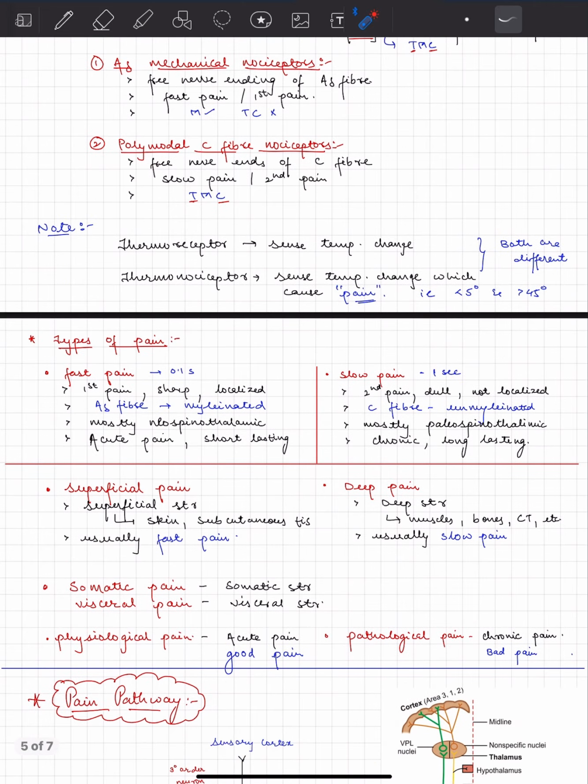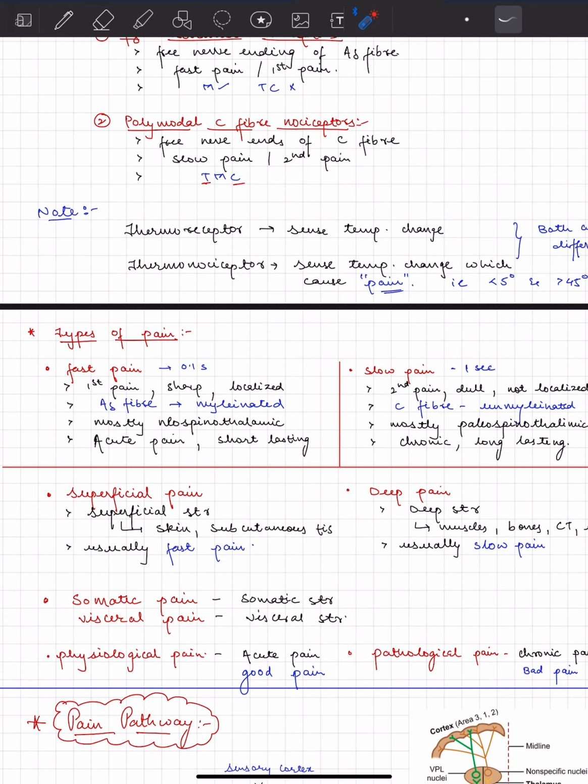After that, what are the types of pain? There are fast pain and slow pain. Fast pain has a large conduction velocity, therefore it will reach the sensory cortex area in 0.1 second, while slow pain reaches in 1 second. First pain appears first, second pain appears second. Fast pain is sharp, localized pain. A delta fiber, myelinated, will conduct fast pain.